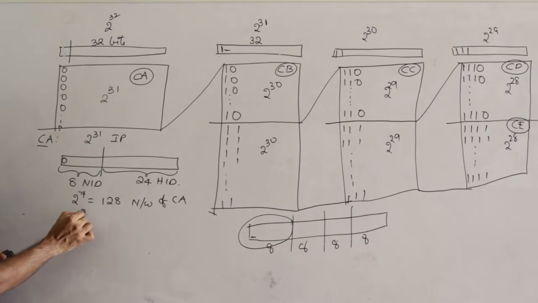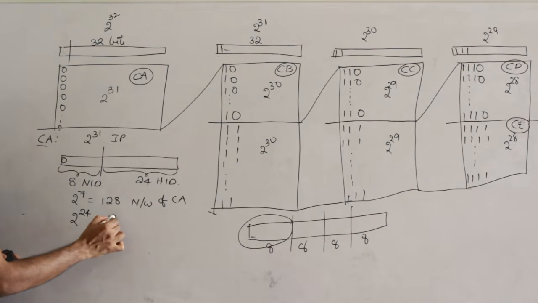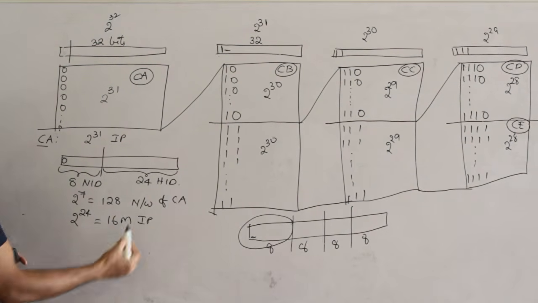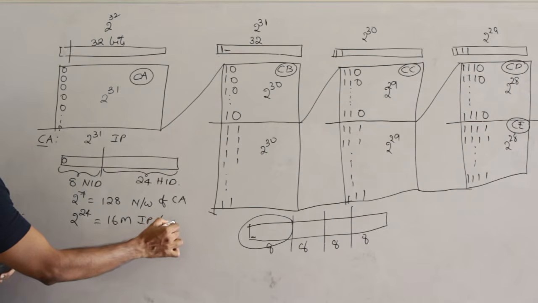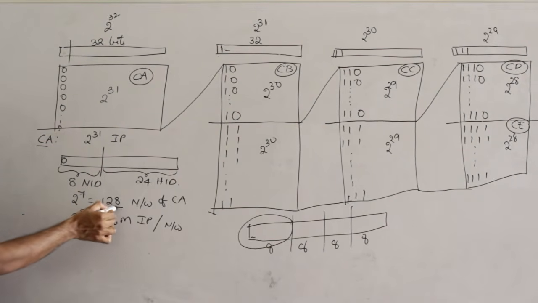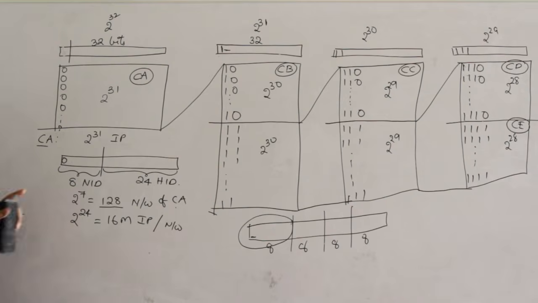It is 2 power 24, which is 16 million. Therefore 16 million IP addresses are present per network in class A. These two numbers are important. So theoretically there are 128 networks of class A, and in each network there are 16 million IP addresses.